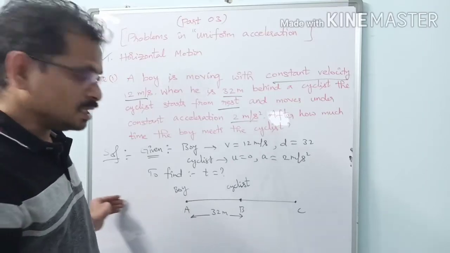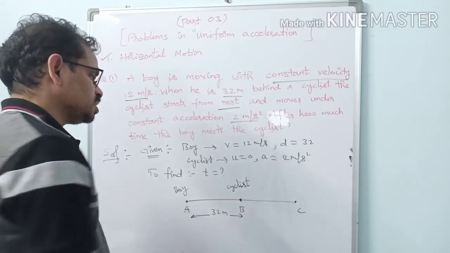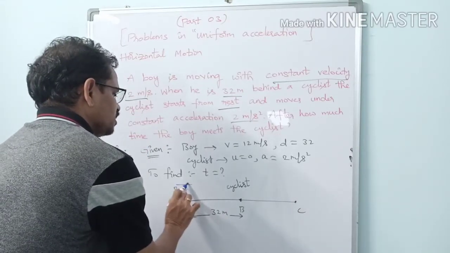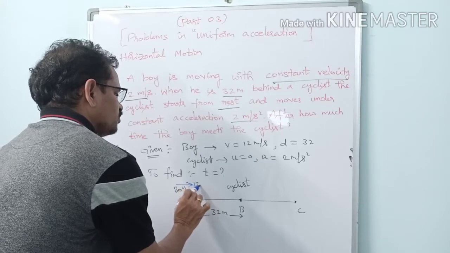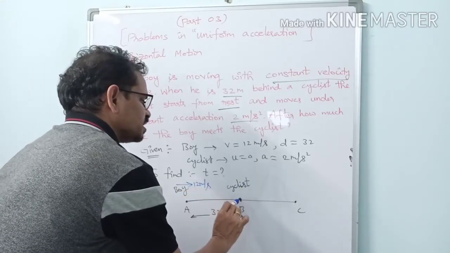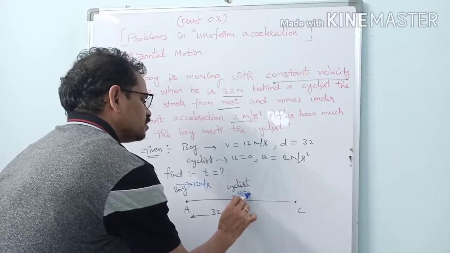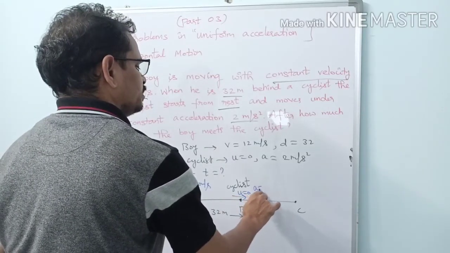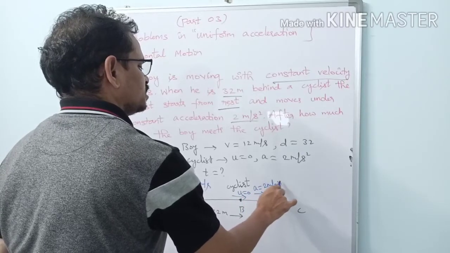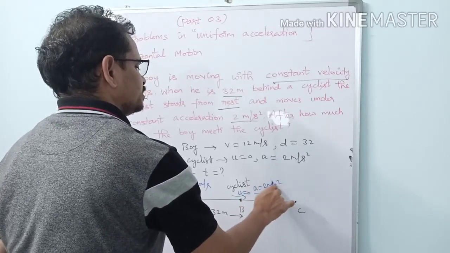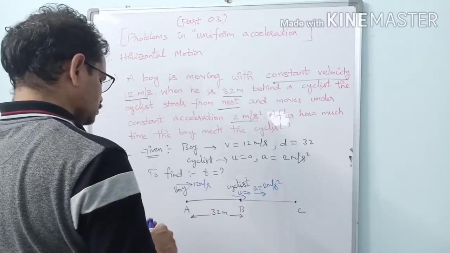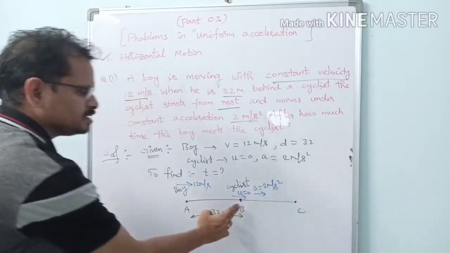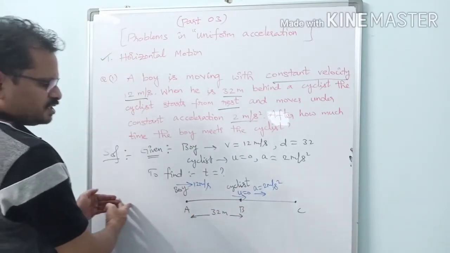Here the boy is in motion. When the boy is at position A, he is moving with a velocity of 12 meters per second. What about the cyclist at this position? U equal to 0 and acceleration A equal to 2 meters per second square. Initially the cyclist is at rest, and the boy is running from somewhere else.